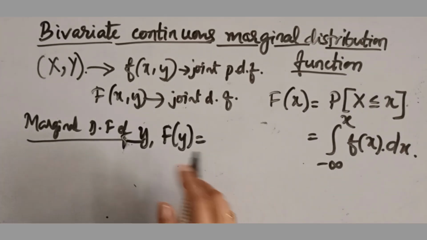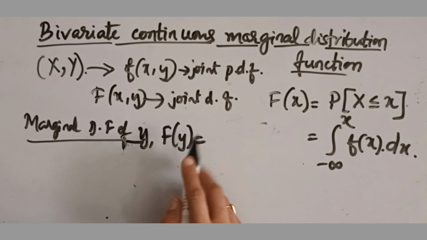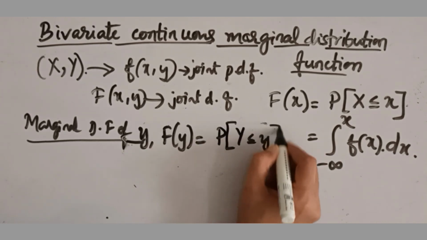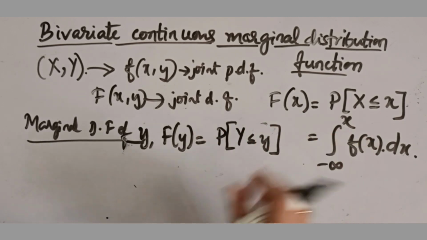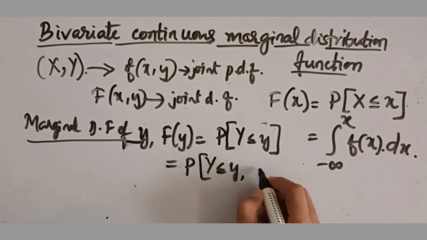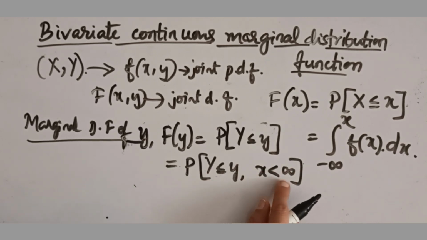Similarly, the marginal distribution function of y, denoted as F of y, is the sum of all probabilities up to y including y. The condition is on y, and X will take all values, so it is the probability of Y less than or equal to y, X less than infinity. X takes all values from minus infinity to infinity.